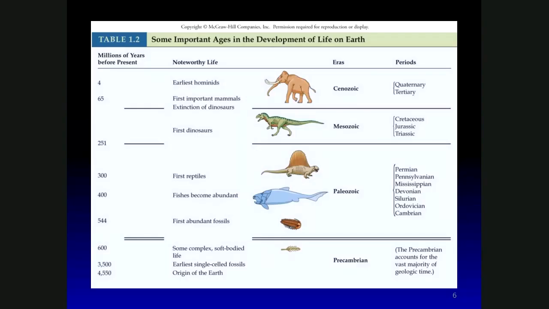And all these changes require a lot of time. The age of the Earth was found to be about 4,550 million years. So that's a very long time. And all through these years, Earth has been very dynamic.